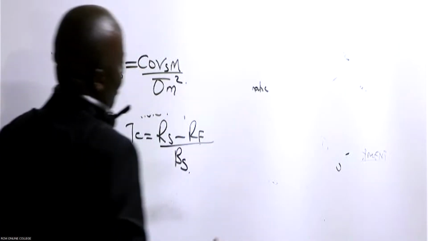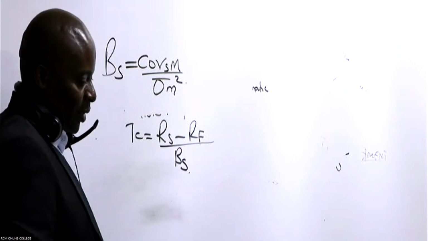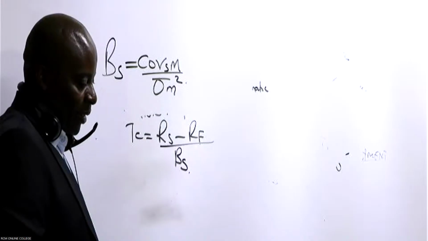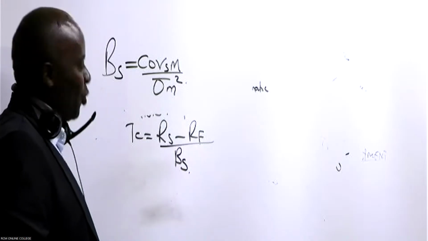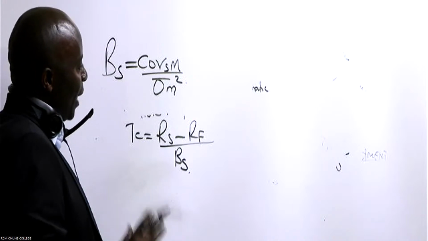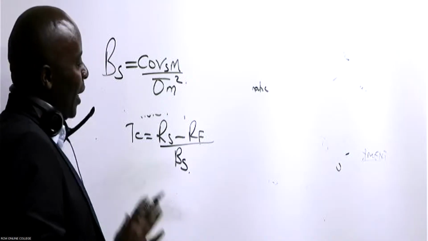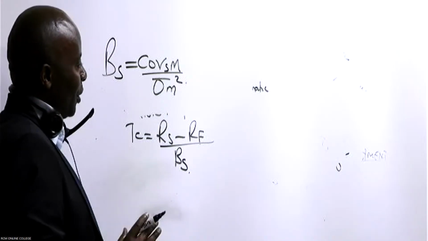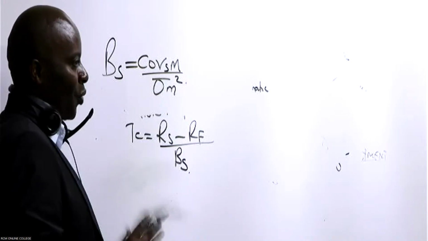This is so important for you. If they want beta of a security, we always take covariance of S and M divided by the standard deviation of the market squared.